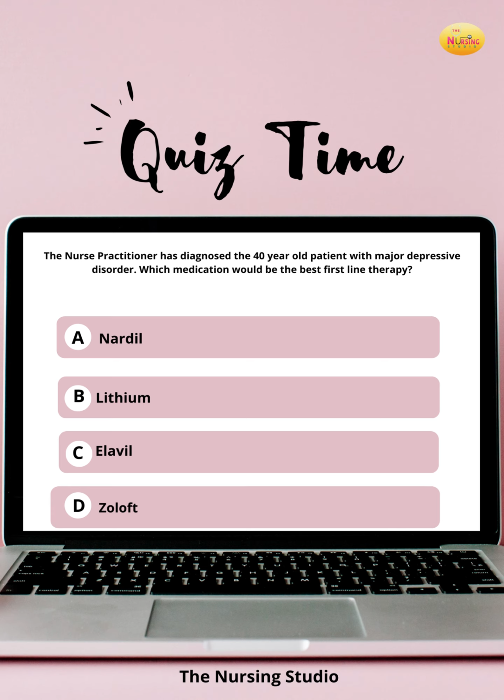B, lithium. Lithium is a mood stabilizer, better utilized for things like bipolar. C, Elavil. Even though you can, that's a tricyclic. We're looking for the best first line therapy. Just like Nardil, we can take that out. And D, Zoloft is an SSRI. We know SSRIs are first line therapy for depression.